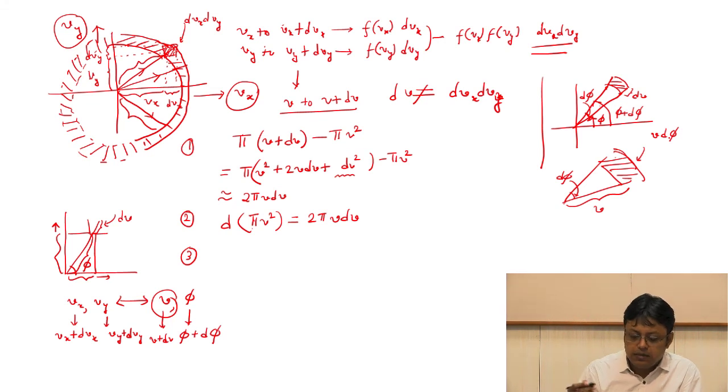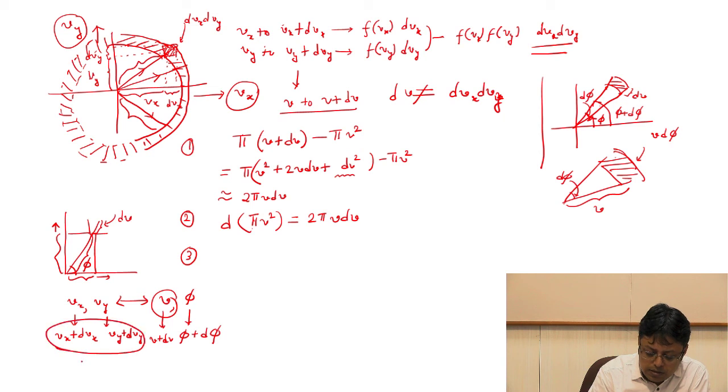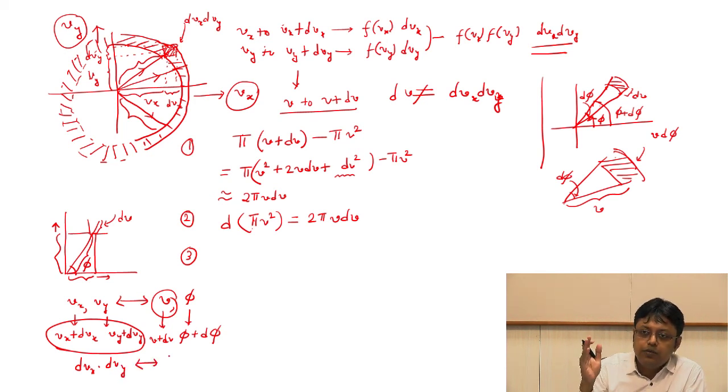So that is just following the trigonometry. So what we are getting is nothing but this area, which in the rectangular Cartesian coordinate I got by this, and the area was just dvx times dvy. That area we can also get by changing v to v plus dv and doing an increment in the phi from phi to phi plus d phi, and that area is nothing but, now this length is dv and this length is v into d phi.